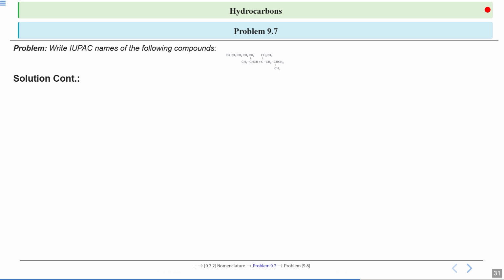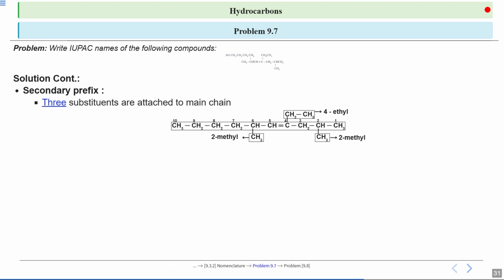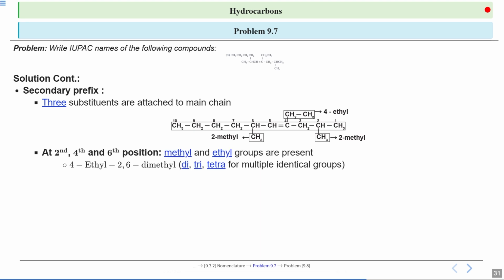Next, we have to decide the substituents. To address the substituents, we have the secondary prefix. For the secondary prefix, 3 substituents are present: at the 2nd position, at the 4th position, and at the 6th position. What are the names?